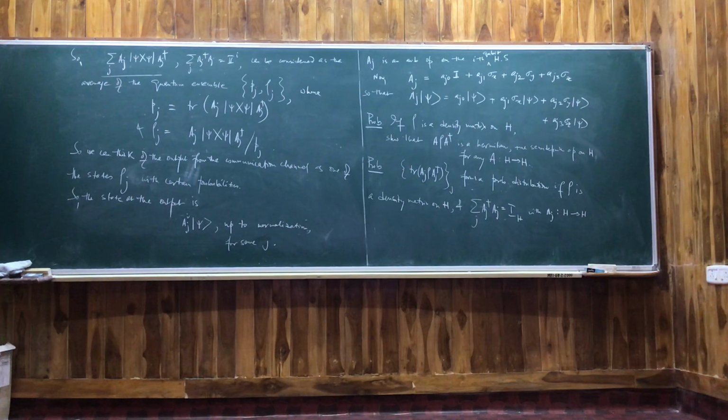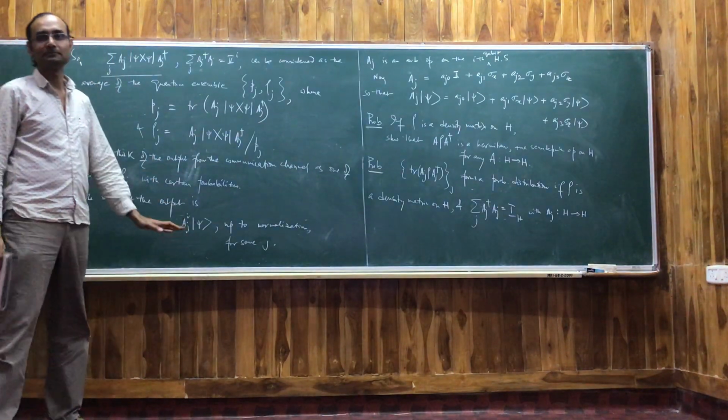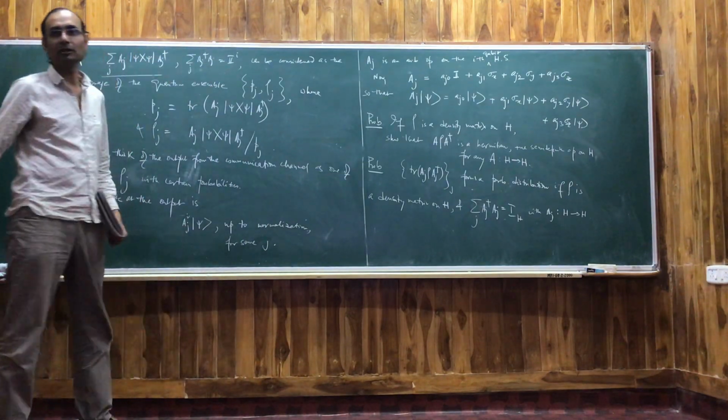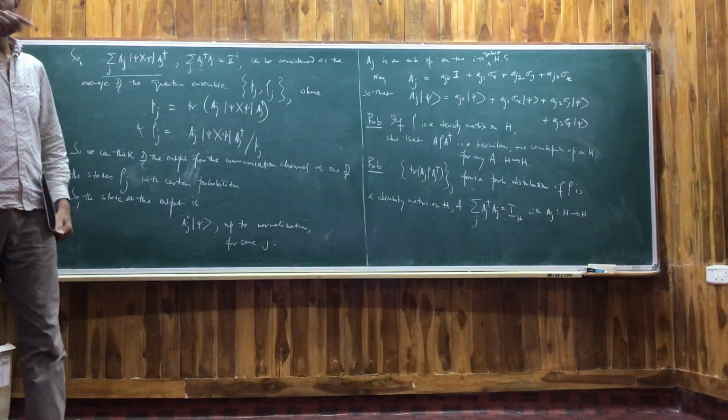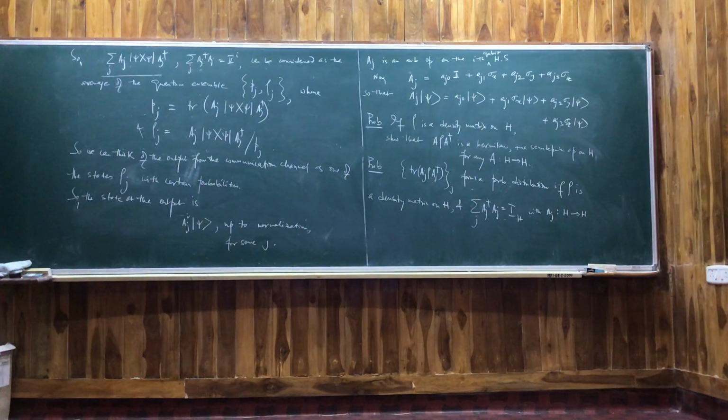But when I wrote this Kraus sum, I ignored that superscript i all the while. But now I want to be more careful and I have written the i there. So if you wish, you can put the i on top everywhere. And I have also ignored this tensor identity on the other qubits. That also is there.